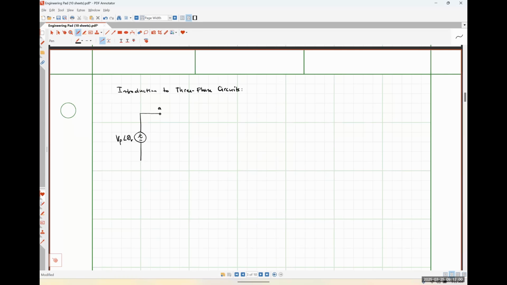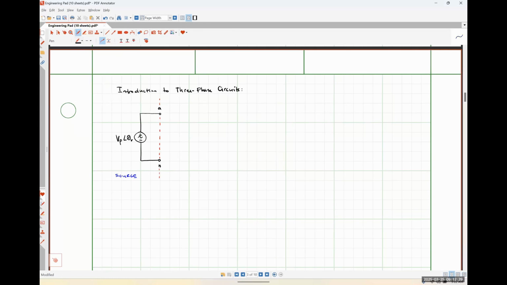I'm calling this terminal lowercase a. I'm calling this terminal lowercase n. And I'm going to put a dashed red line through this. And everything to the left of this dashed red line is the source side of our network.